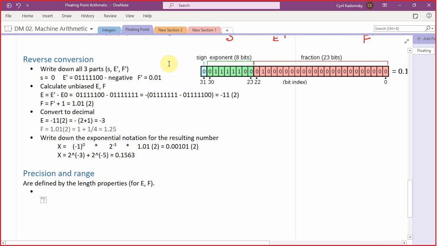Actually, what is the range? Range, we understand, is the biggest and the smallest value, right?